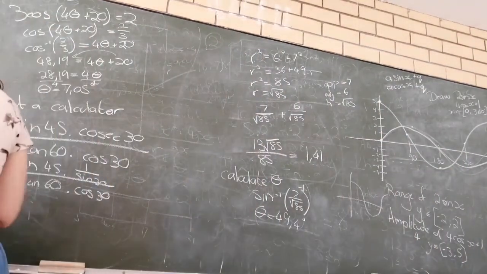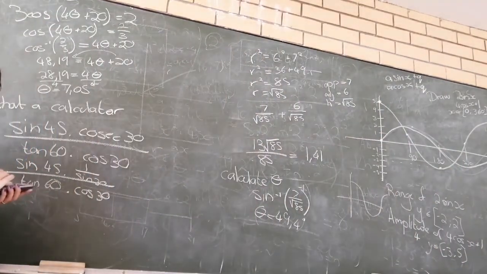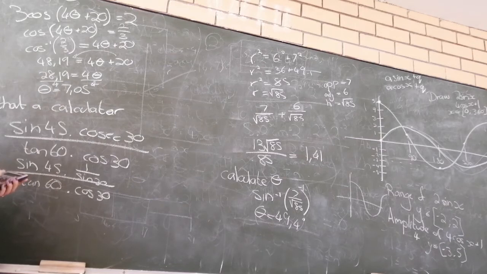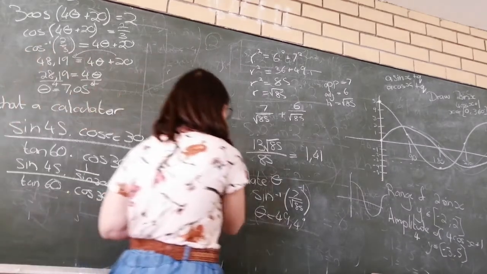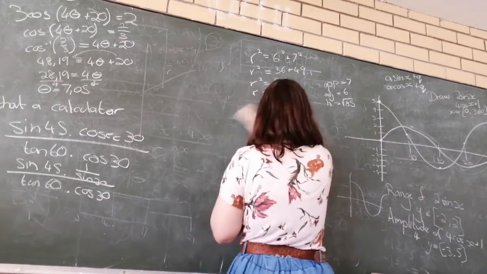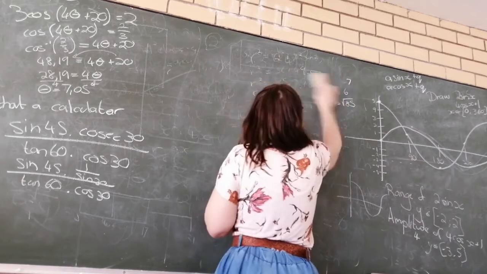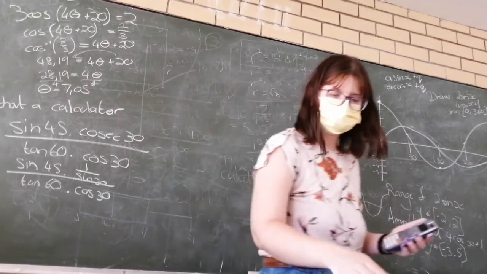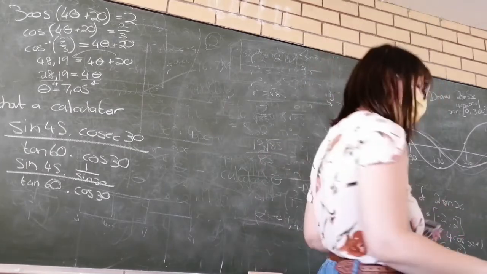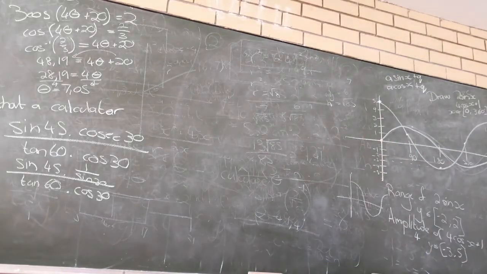Sine 45 is root 2 over 2. You see how we're using a calculator for a no-calculator question, but it's still fine. You'll still get full marks if you do it this way.